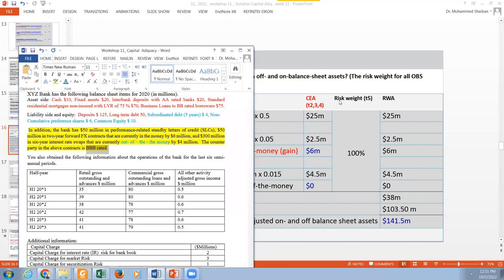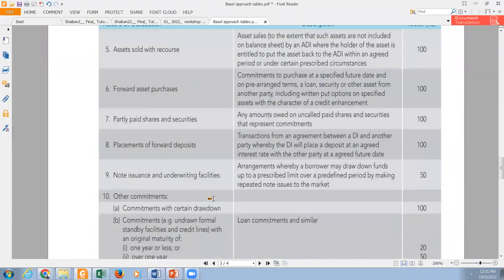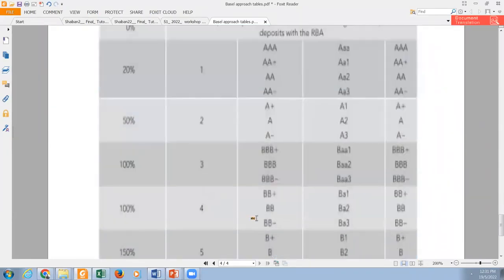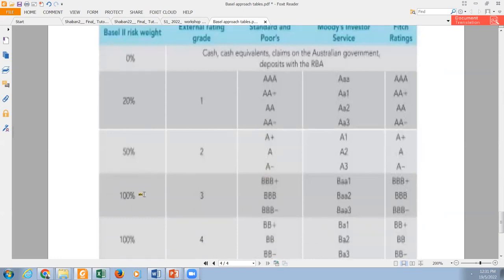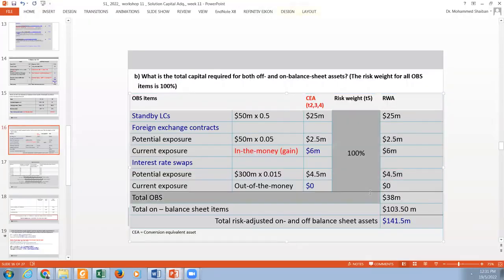So when I need to do the risk weights for the CEA, I need to go to table 5 and see the BBB, what is it? It is 100%. Triple B, according to Standard and Poor's, is 100%. So I will put 100% for all of those, multiply them by 100%, and I will get these ones.